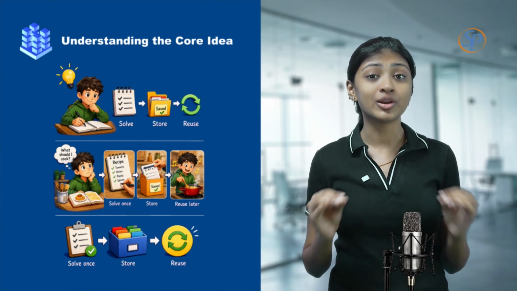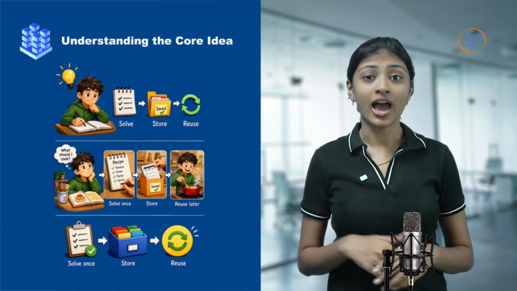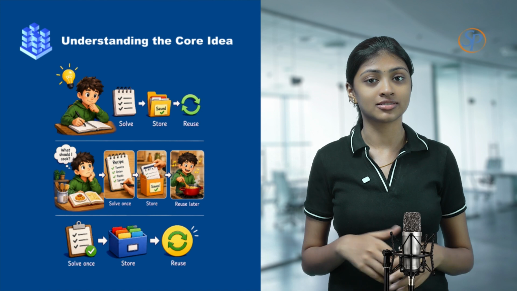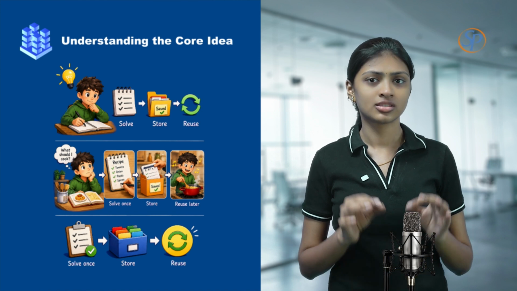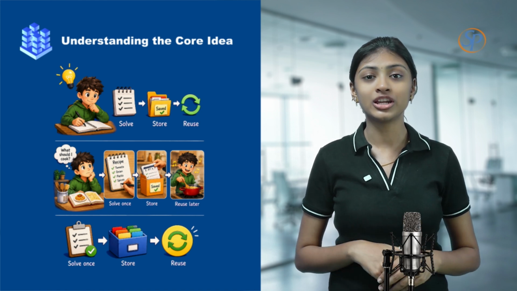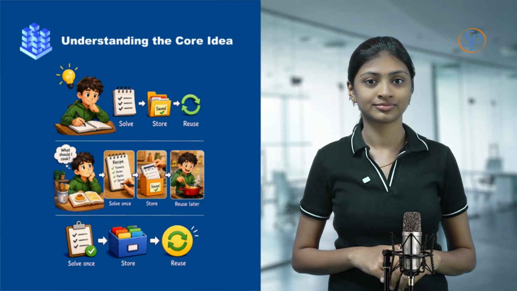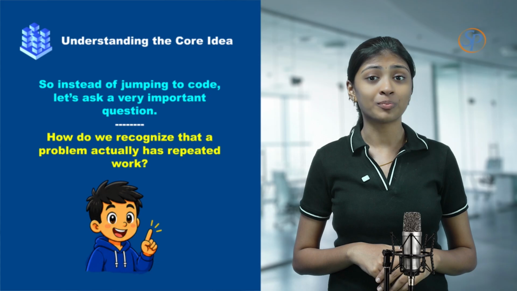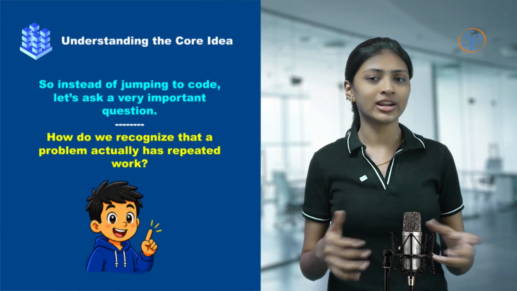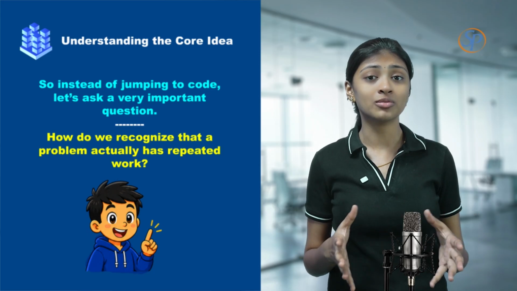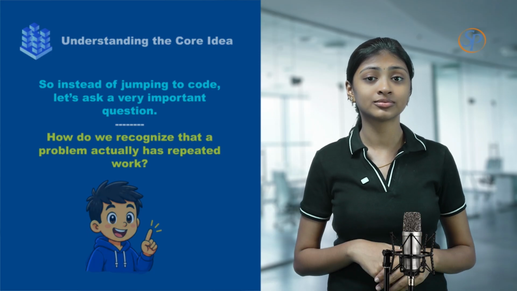Because not every problem has repetition and not every problem allows reuse of smaller answers. So, the first thing you need to train your mind is to see repetition. So, instead of jumping to code, let's ask a very important question. How do we recognize that a problem actually has repeated work?